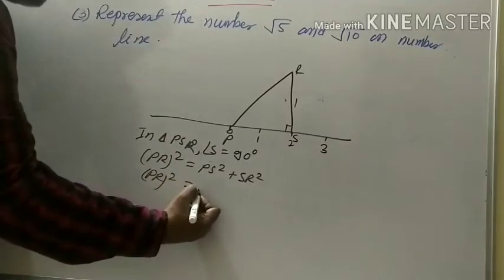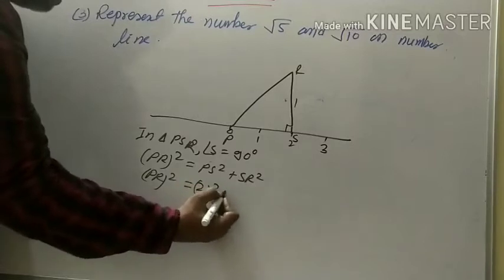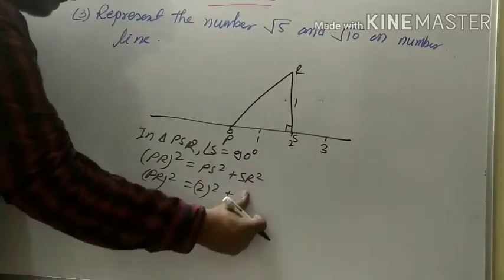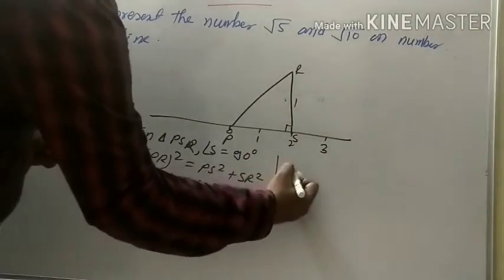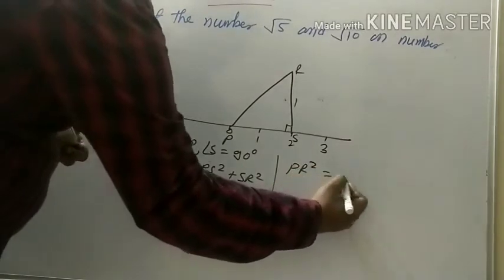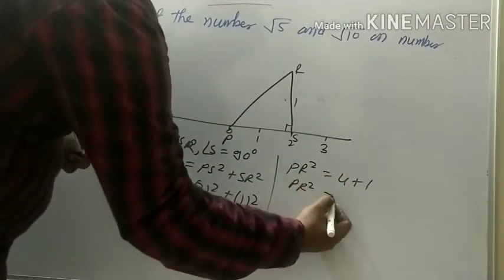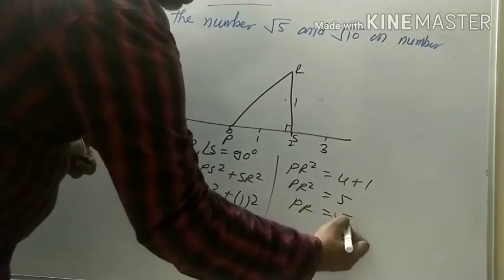PS we know. PS is what? 0, 1, 2. PS is 2, the whole square, plus SR. SR also we know, 1 square. That is PR square is equal to 4 plus 1. PR square is equal to 5. That is PR is equal to root 5.